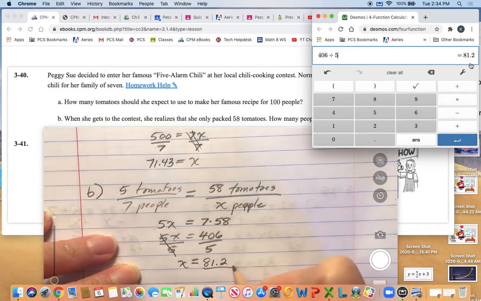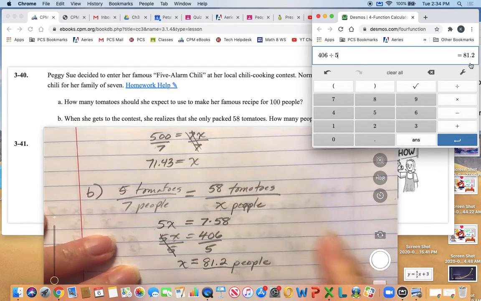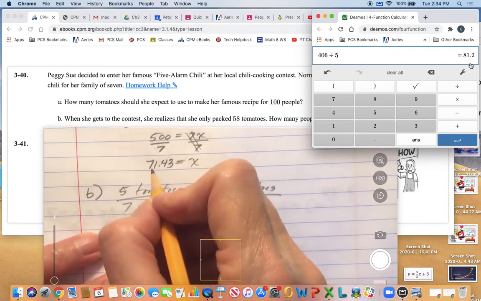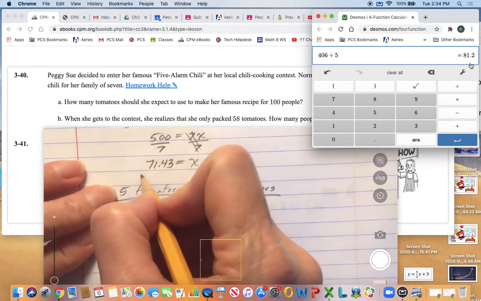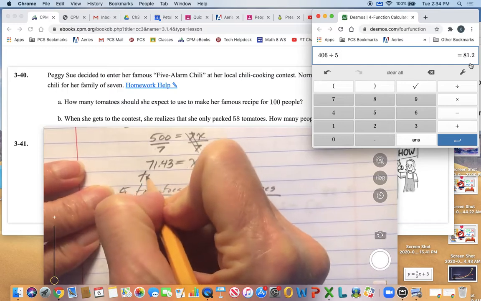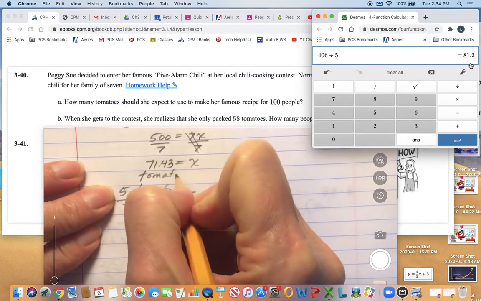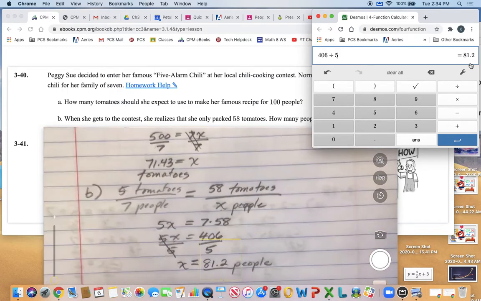So she can feed 81.2 people for B, and up here, that is going to be the number of tomatoes that she needs. Okay.